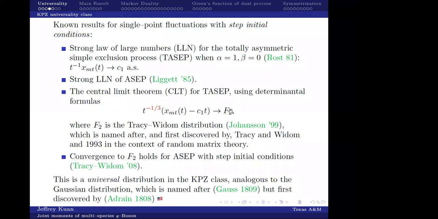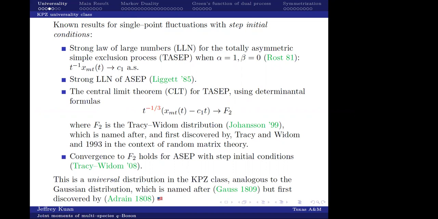So in random matrices, you have different sets of random matrix ensembles, and somehow the most natural ones are F2 and F1. And so once this result was known, that F2 occurs a lot, it's natural to try as a first step to be step initial conditions, just because that's where you expect the F2 distribution to come up.